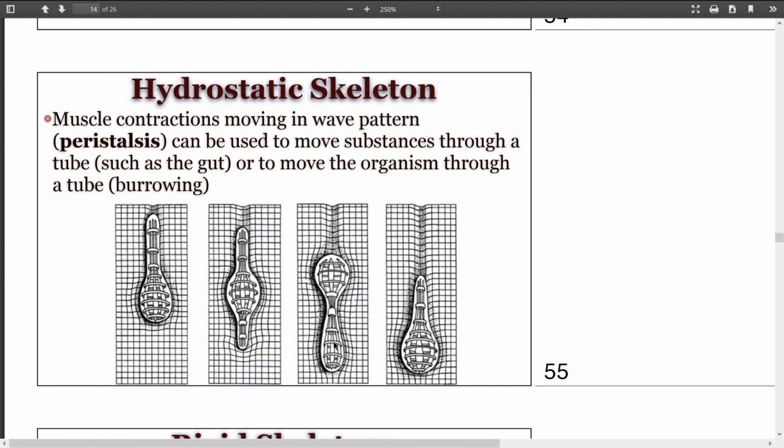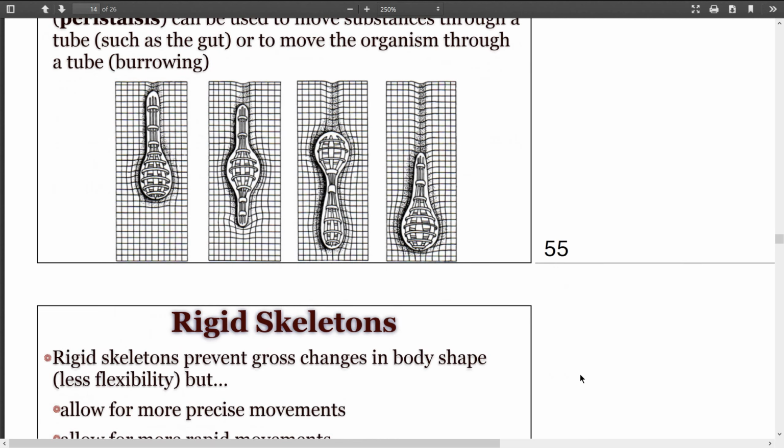Then you expand the front again, you anchor the front while you draw the back in, and you have these pulses of anchoring and pushing, anchoring and pushing, that allow you to move through a substrate. We'll see this in actual live action in about a month or so when we do the analytical lab. You'll play with earthworms that move just like this through soil. And we'll have some live earthworms here.